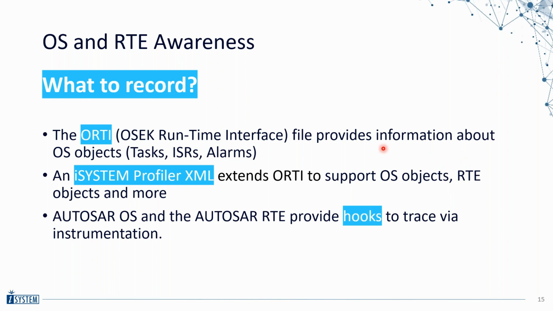Of course, this is not a permanent or ideal solution. Ideally, the RTE file would be extended so that it already includes the information about AUTOSAR runnables and AUTOSAR RTE communication.